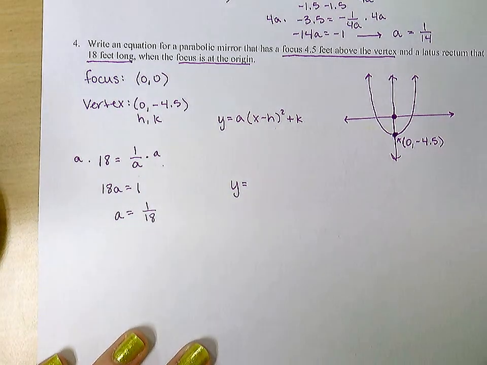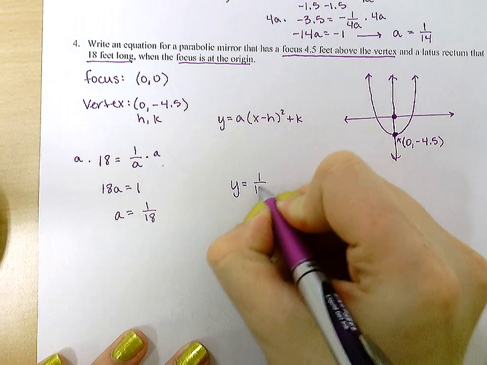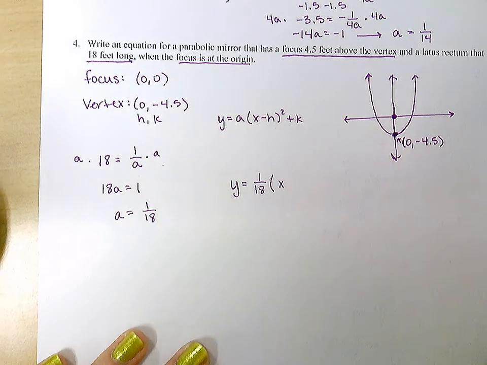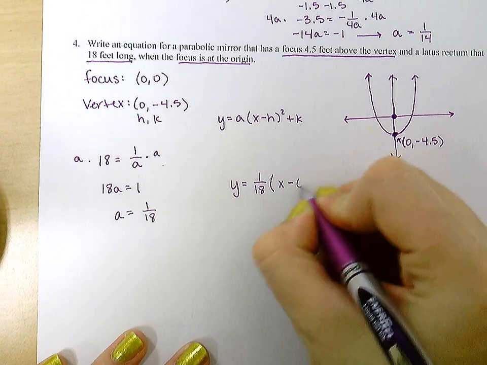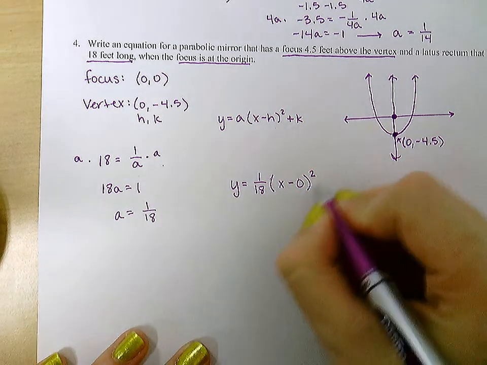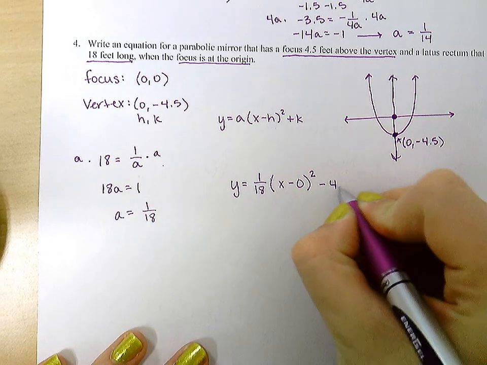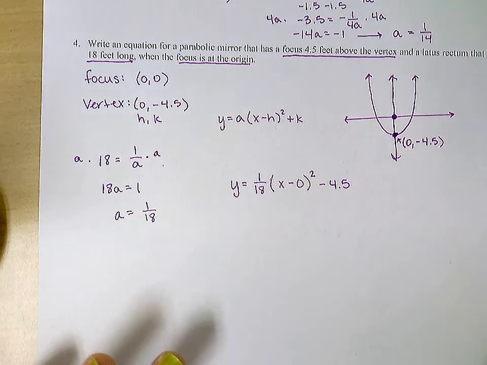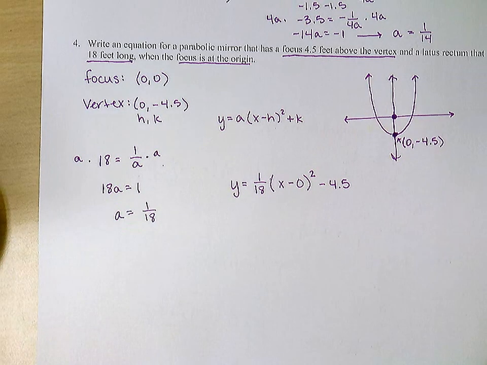So we have y equals 1 over 18 times x minus h, which is 0, squared, and then plus our k value, or just minus 4.5. But again, you can write plus that negative 4.5, and that's still correct.